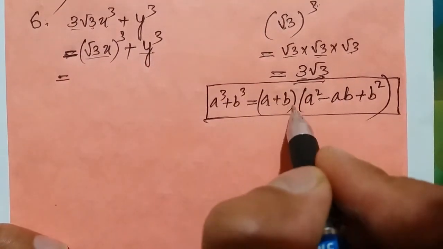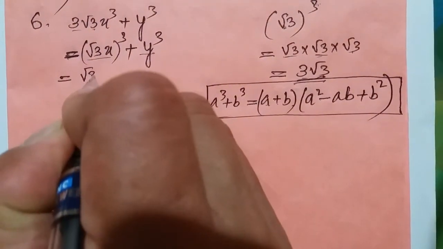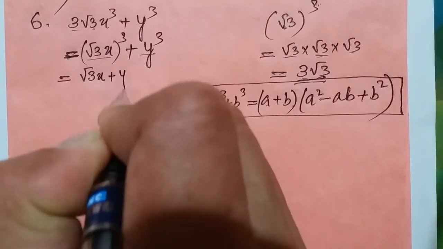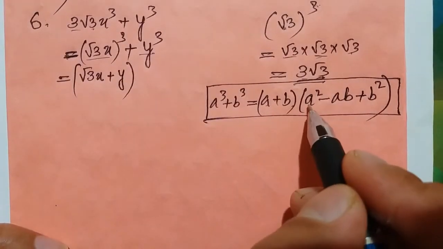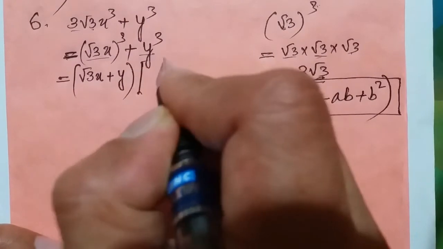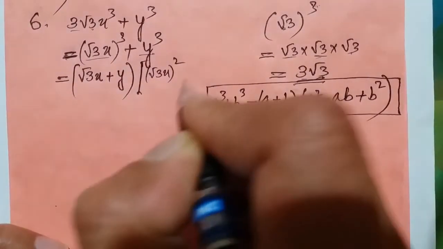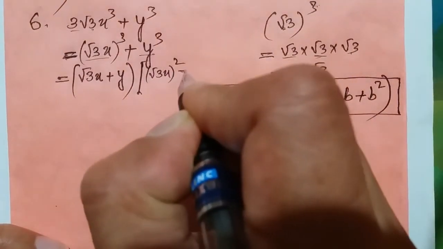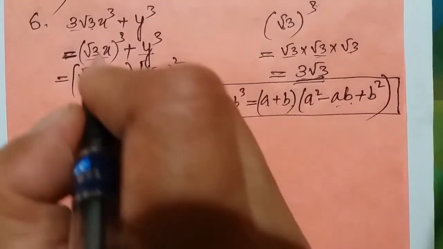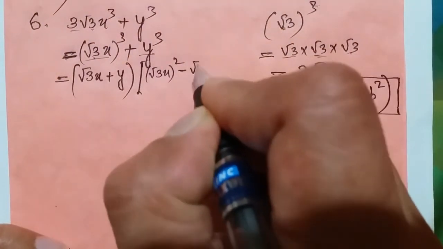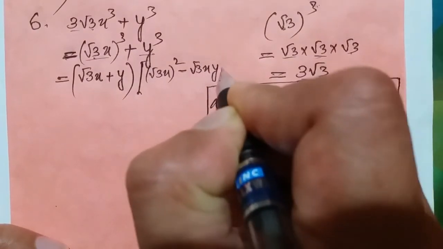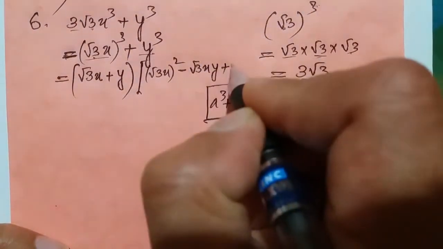So a plus b will be root 3x plus y, and then a square, here (root 3x) whole square, minus ab, that is root 3xy, plus b square, that is y square.